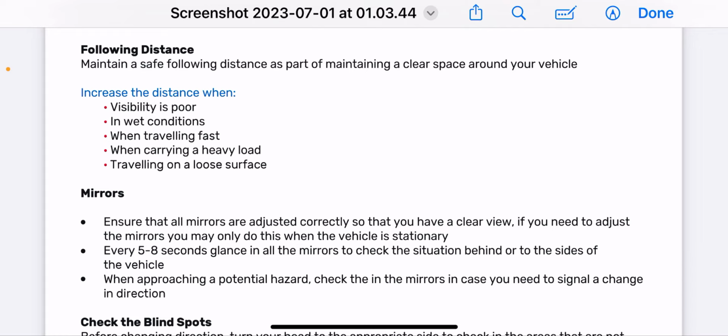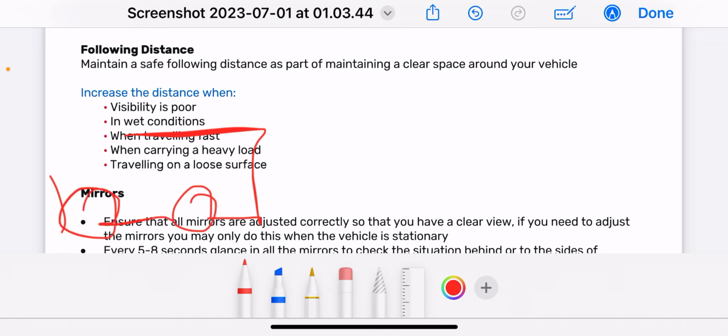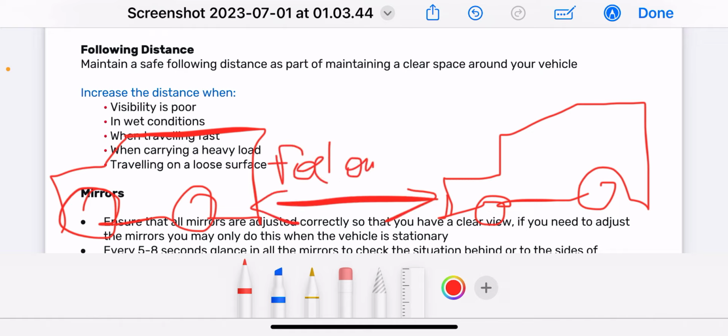Then you have the safe following distance. Maintain a safe following distance as part of maintaining a clear space around your vehicle. If you are following this vehicle, the law says you must keep a safe following distance.